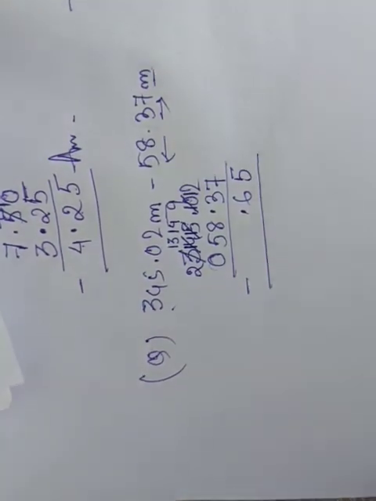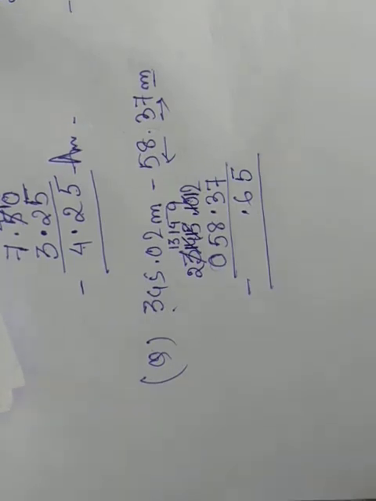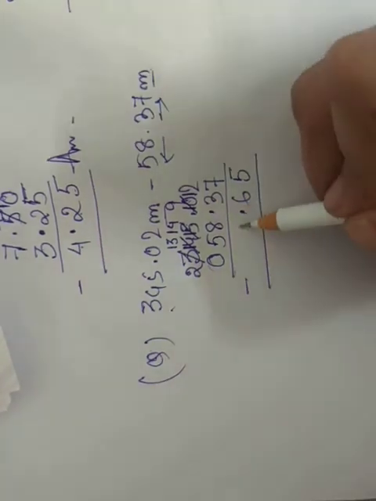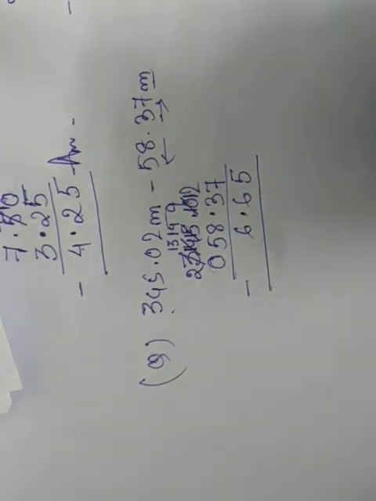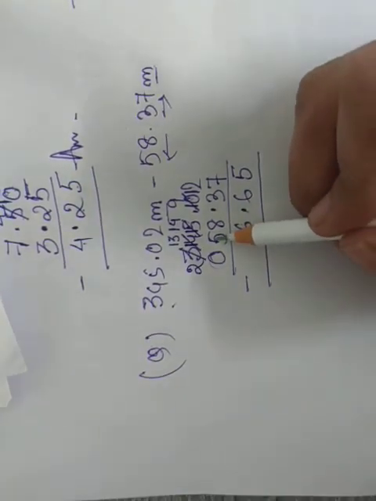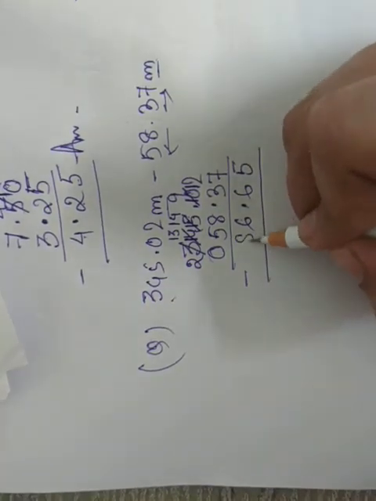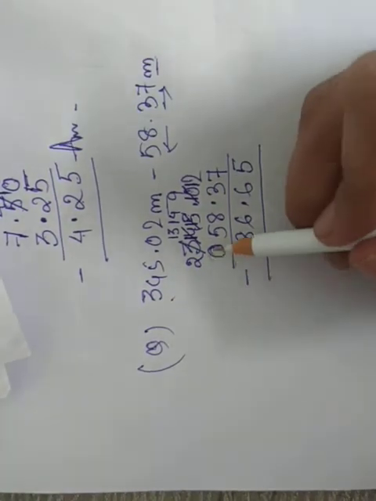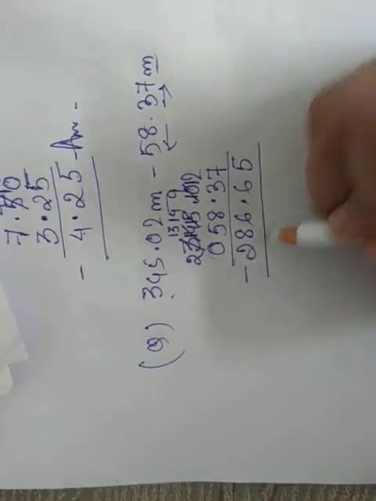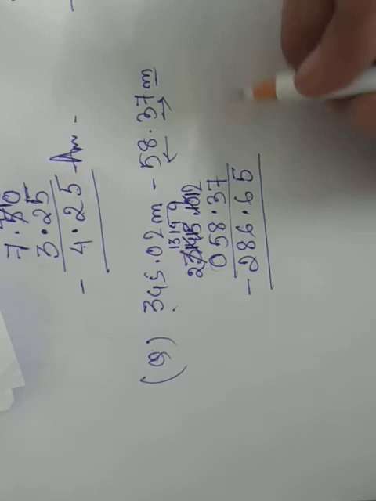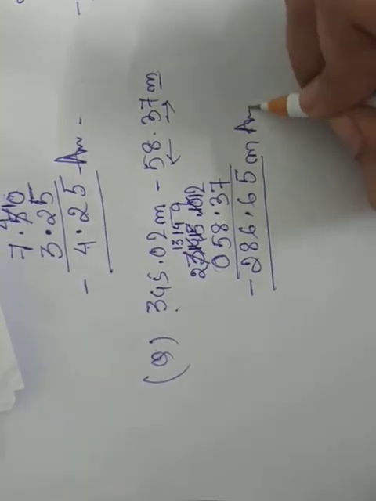Now if I subtract 8 from 14, it will give me 6. Now if I subtract 5 from 13, it will give me 8. 0 from 2, it will give me 2. So the answer is 286.65 meter. Clear?